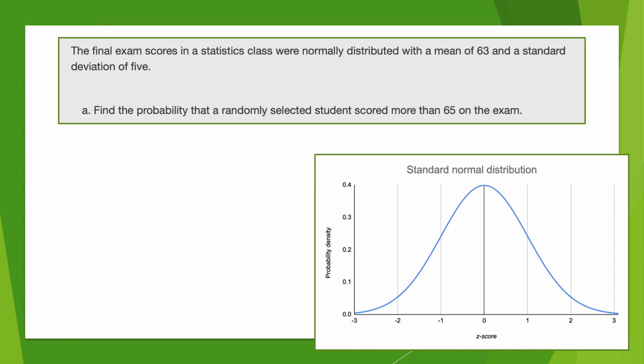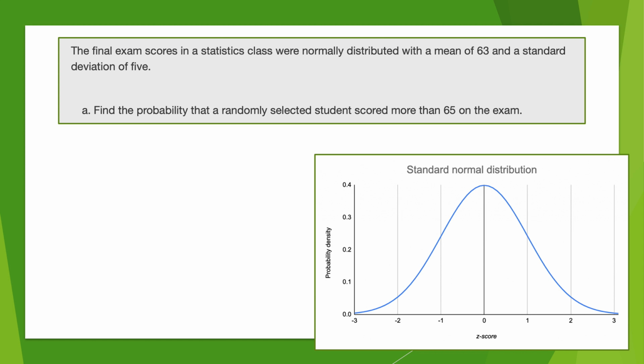So the next question comes along. The final exam scores in a statistics class were normally distributed with a mean of 63 and a standard deviation of 5. Find the probability that a randomly selected student scored more than 65 on the exam.